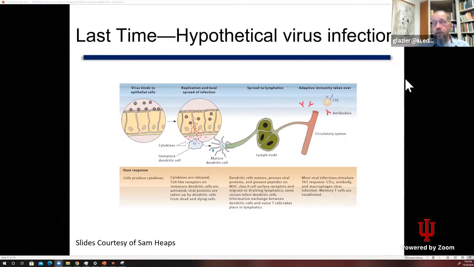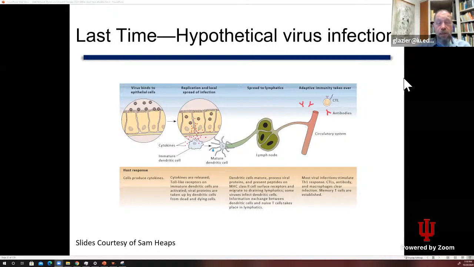And the models that we've looked at, even the most elaborate models we'll look at, are still enormous oversimplifications of the reality of the immune response. And to some extent, nobody can really model a human immune response very effectively. We would love to be able to do that. And my hope is that as we dig into diseases like COVID, we can begin to understand the immune response better.